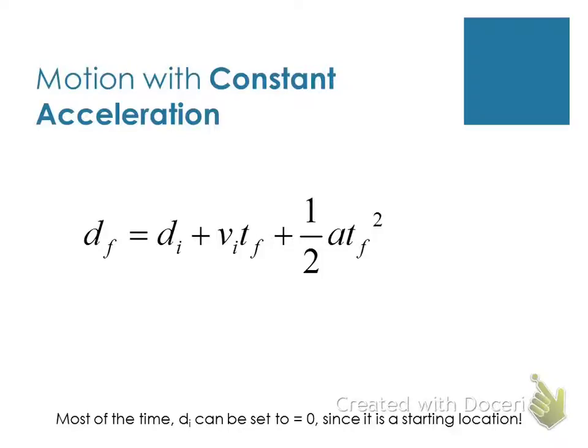Okay, so this equation should go on your equation sheet as well as in your notes. This is just the second kinematics equation. They don't really have names. We just have three kinematics equations that we use. This is the second of the three.